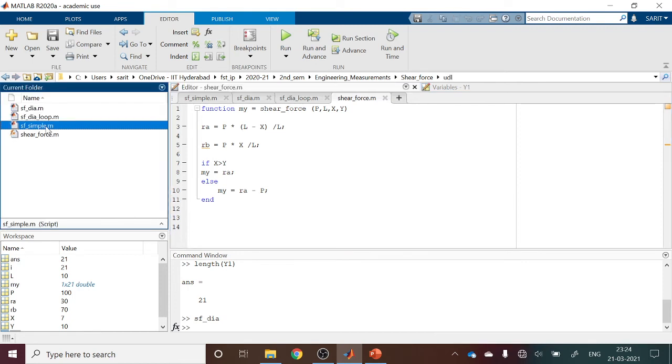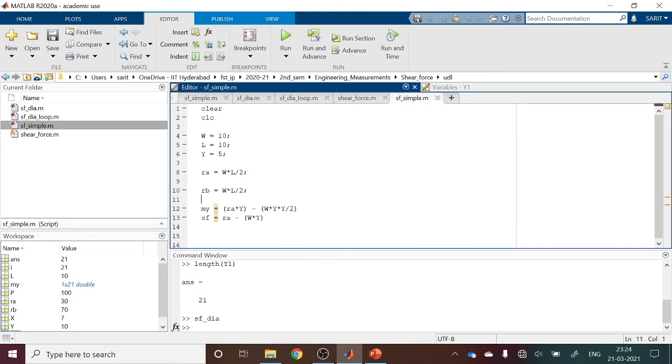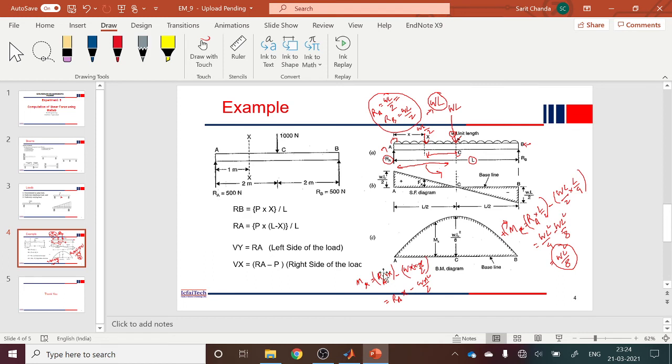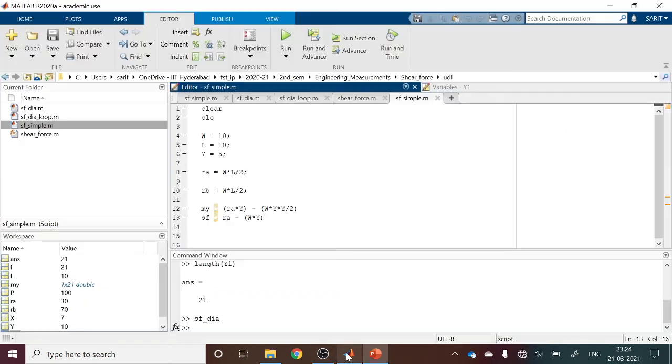For the UDL also, what is the equation here? What is the moment equation for UDL? The moment equation for UDL is RA into x minus W x square by 2. That is the moment equation, right? The same thing I have written here, RA into x, where here it is basically y, meaning where the section is. W is the UDL, L is the total length of the beam, and y is where the section is.